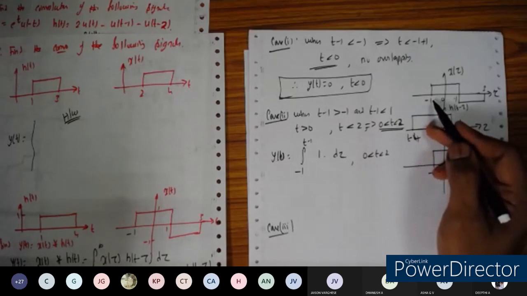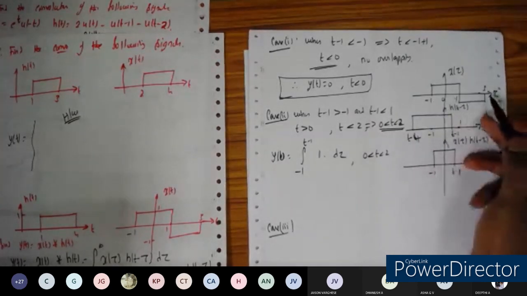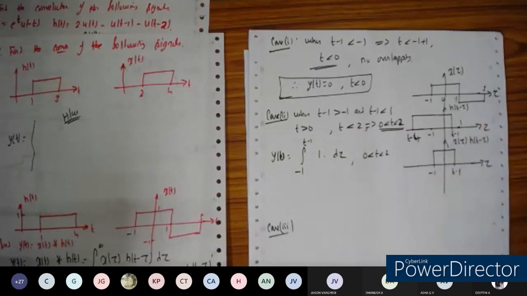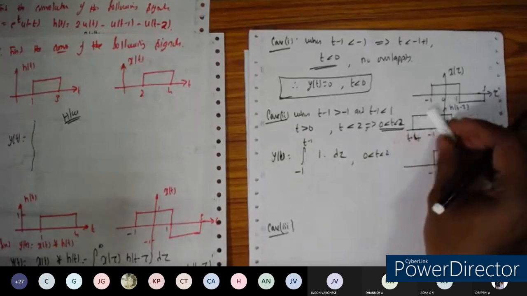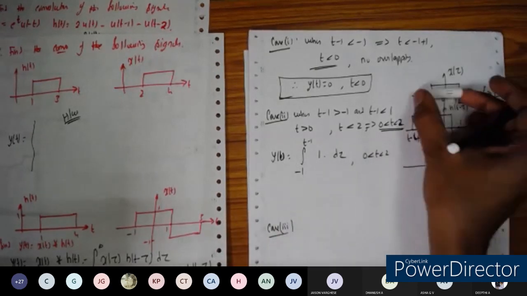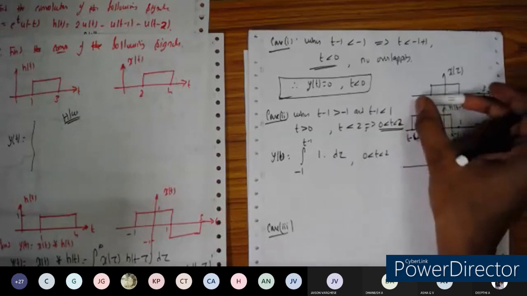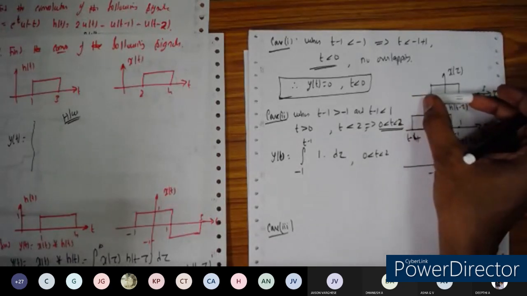So t minus 4 is less than -1, and t minus 1 is greater than +1. Since this is having a width of 3 and this is having a width of 2, when I move here, some part of the waveforms will get overlapped.